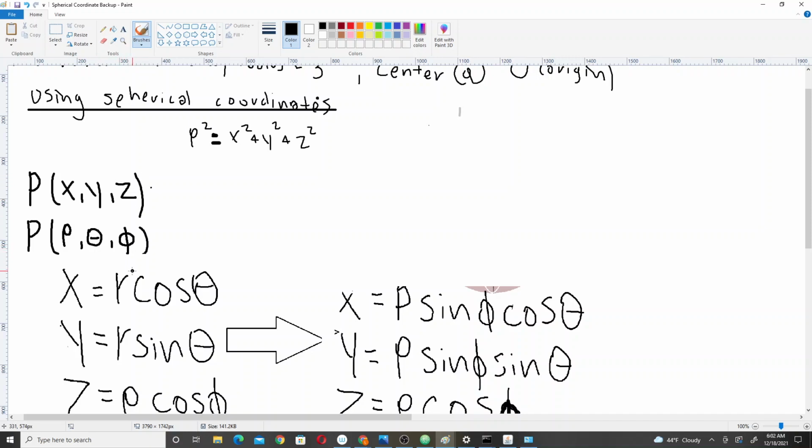Now, if we want to do it in spherical fashion, we use rho, theta, and phi. Rho is like the radius. Theta is the angle on the xy plane, and phi is the angle on the yz plane.